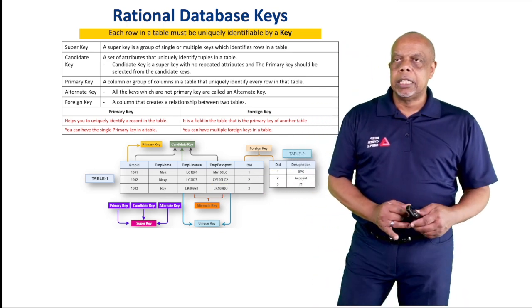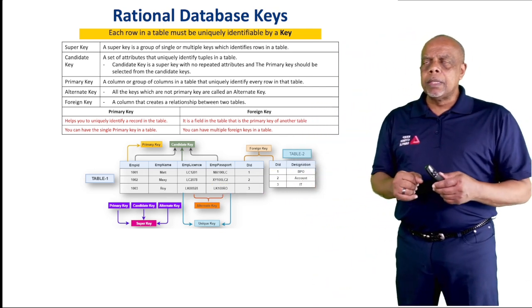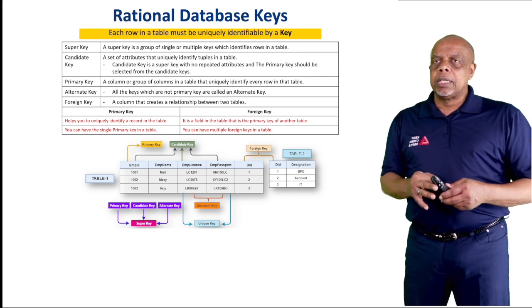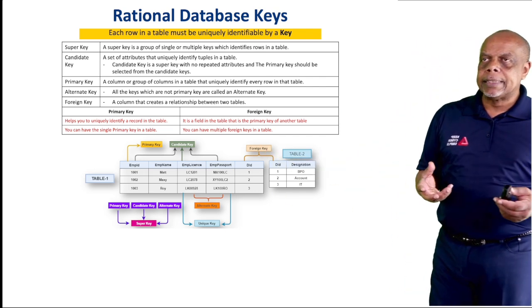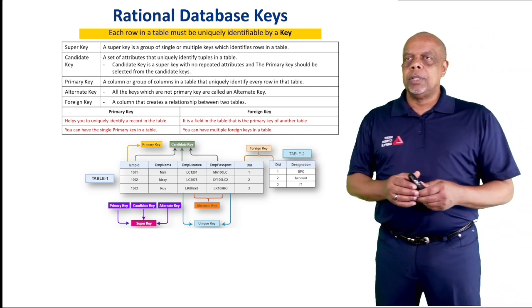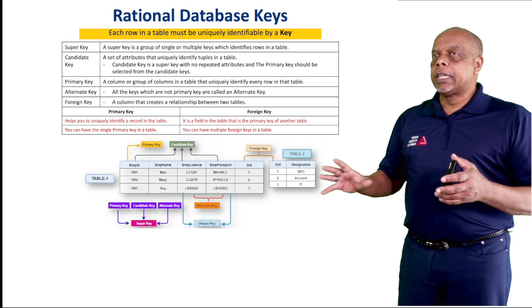Your employee ID, employee name, whether it's your employee license, employee passport, all of those are candidate keys, because any of these could be a primary key. So what is a primary key?